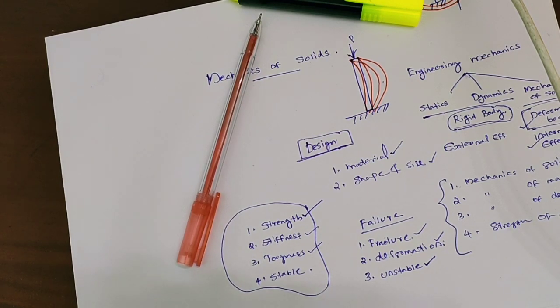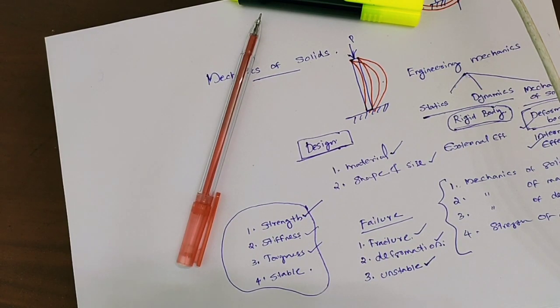So that is the objective of mechanics of solids. By studying this subject, we can safely design different types of structures, for example, the aeroplane, antenna, bridge structures, machines, motors, ships, spacecraft, anything, by applying the fundamentals of the mechanics of solids.